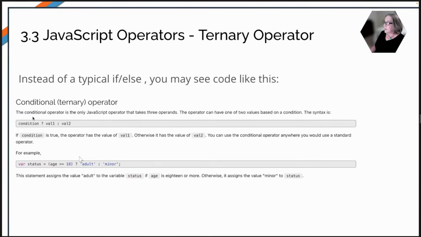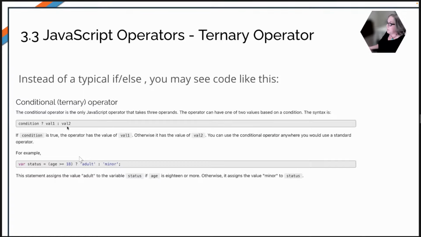All right, there's another weird thing. The ternary operator. Instead of your typical if else, you might see code like this. I had a student just recently who was looking up and trying to learn some new stuff, come to me and he's like, what is this? We talked about it.